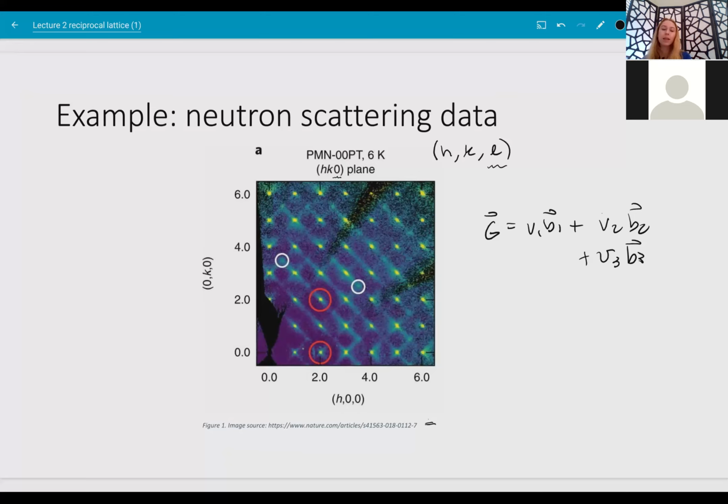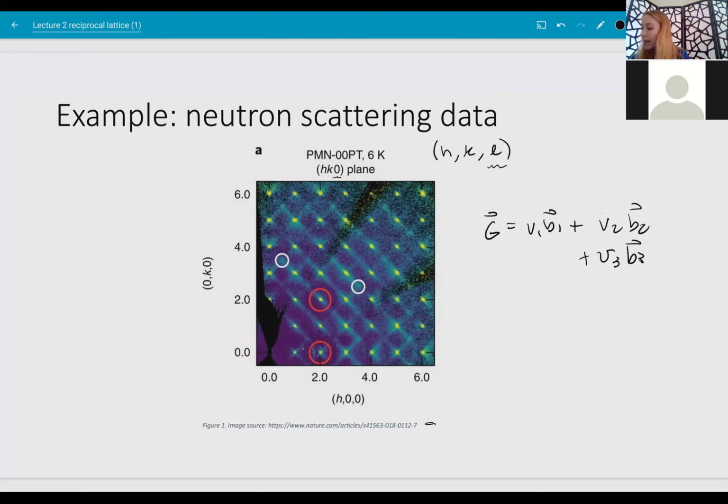So the data here are probably pretty close to how they come out of the spectrometer. Whereas if you want to translate this information into real space, if you want to make a picture of what the crystal looks like with the unit cell repeating over and over, you can do that, but that's an extra step.